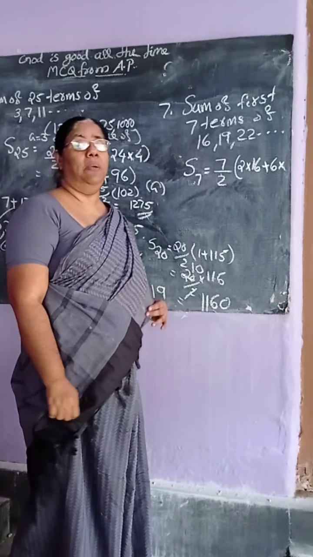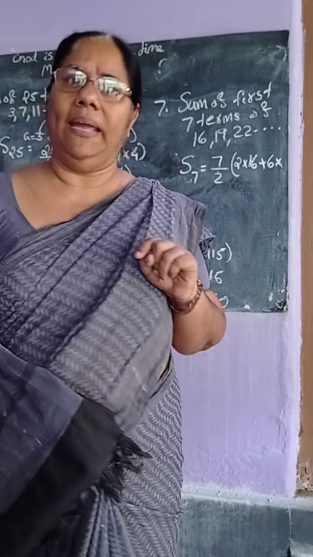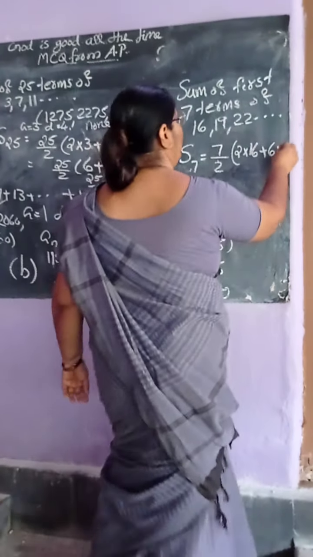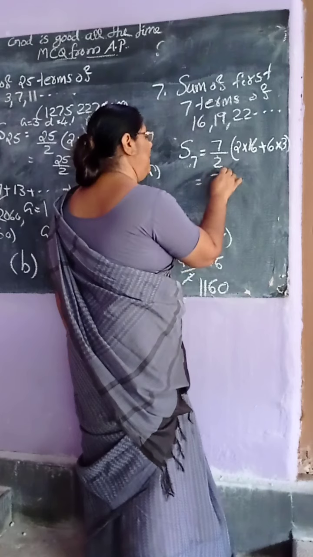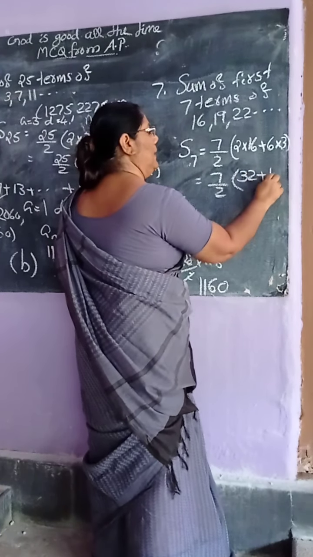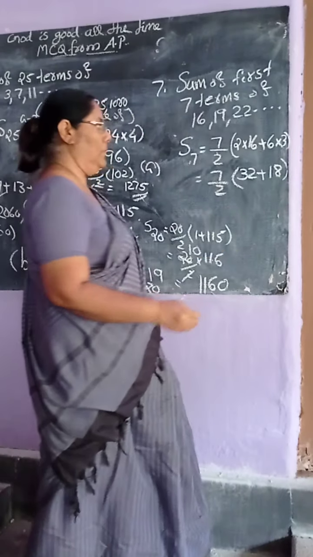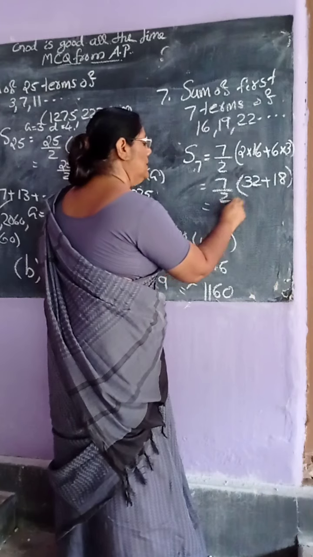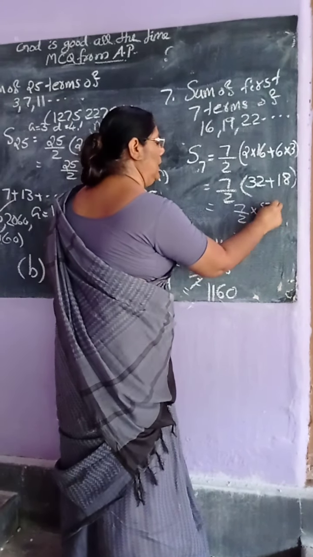Common difference is very important: second term minus first term. 19 minus 16 is 3. That is 7 by 2 into 32 plus 18. What is 32 plus 18? Yes, 50.